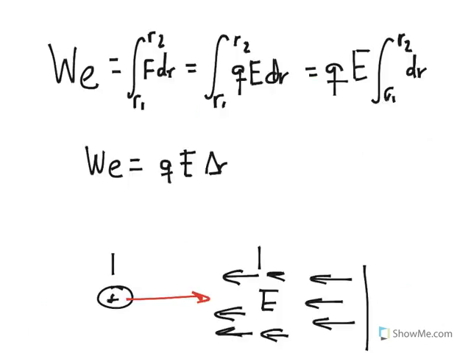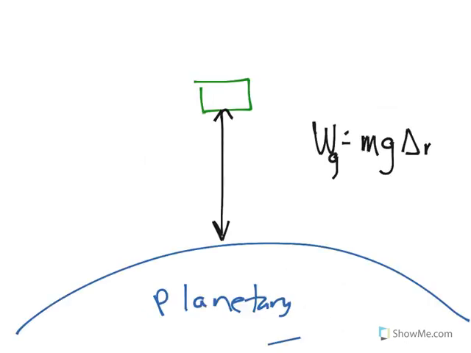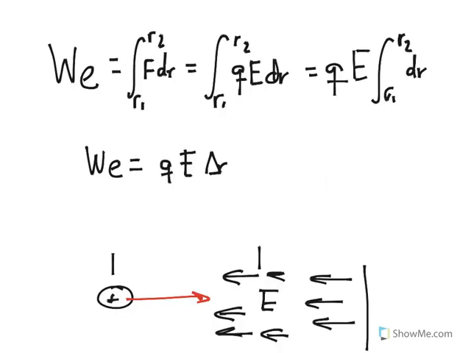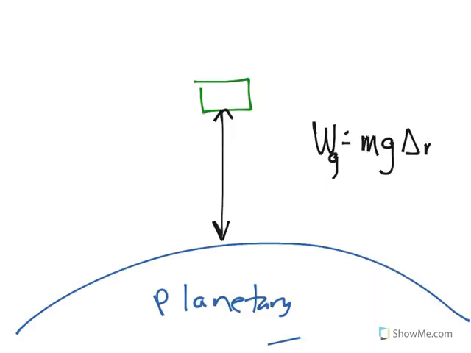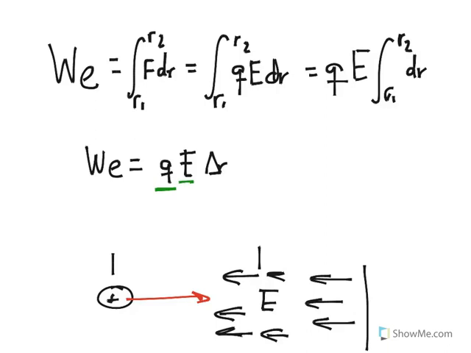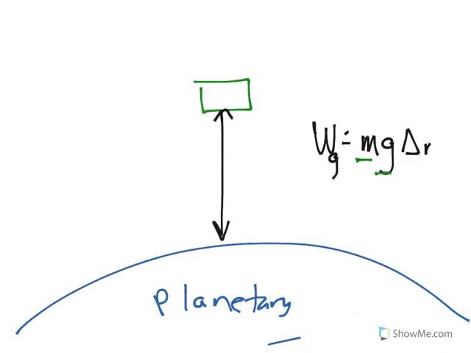Well, the electric work seems pretty straightforward. We have a charge instead of mass, we have the electric field instead of the gravitational field, and the change in position is the same, right?